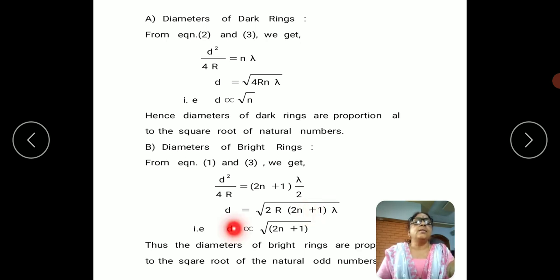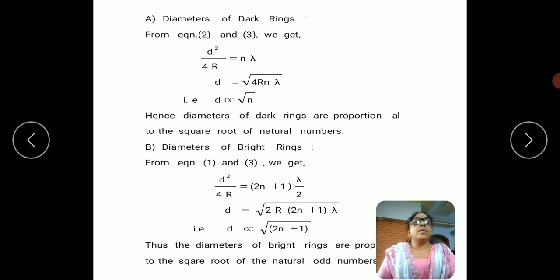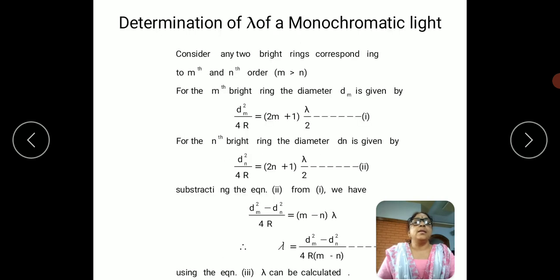This means that D is directly proportional to the square root of odd natural numbers. With this, we have known how to calculate the diameter of the dark ring and the diameter of the bright ring.